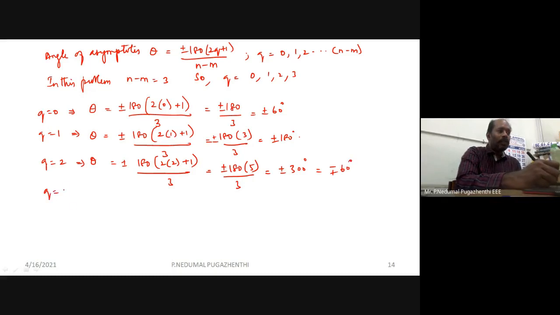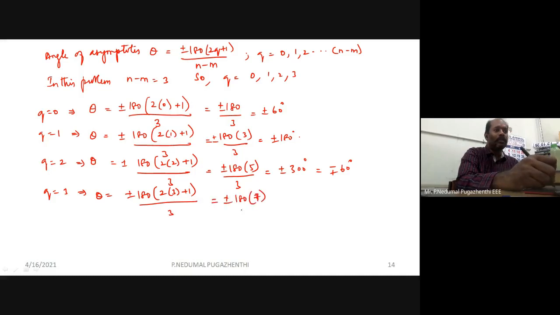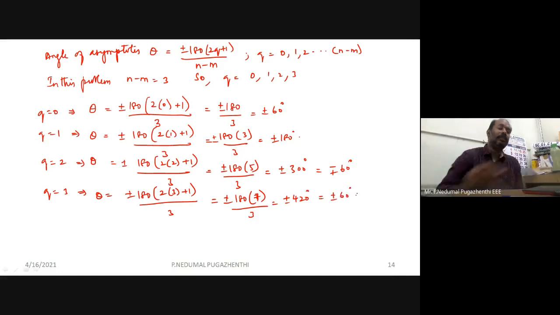Q equal to 3 implies theta is equal to plus or minus 180 times 2 into 3 plus 1, divided by 3, which is plus or minus 180 times 7 divided by 3, equal to plus or minus 420 degrees. Again, this is plus or minus 60 degrees. So these three, 1, 2, and 3, are denoting the same points. So don't worry about that.